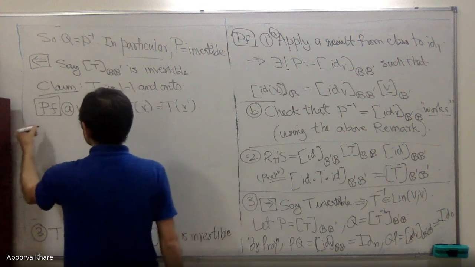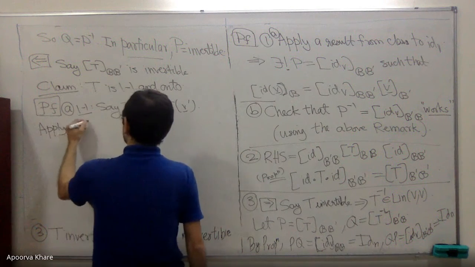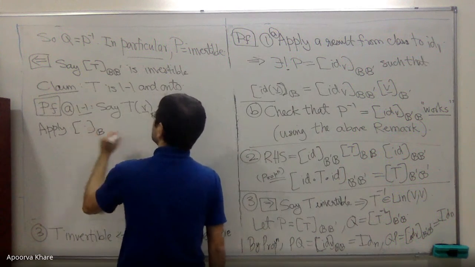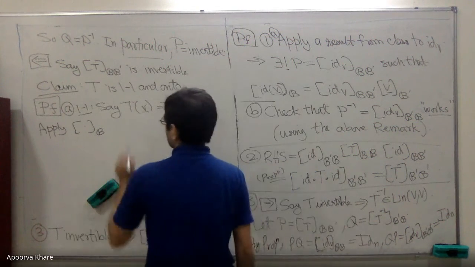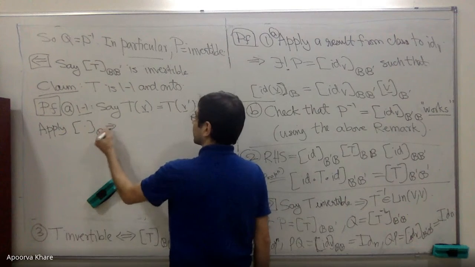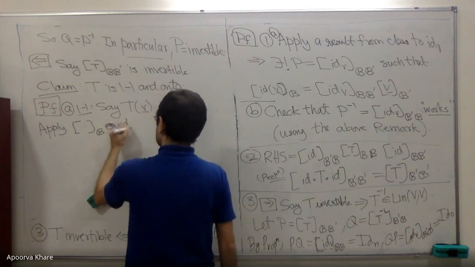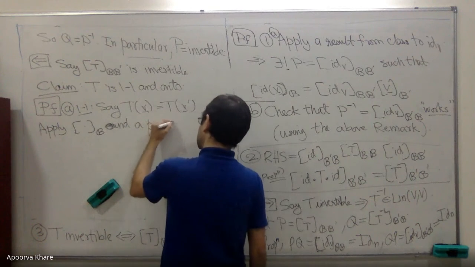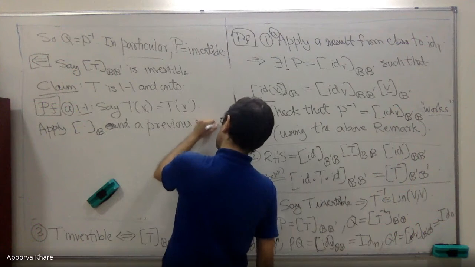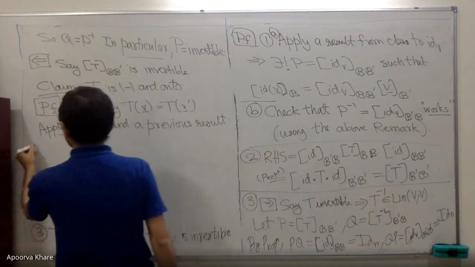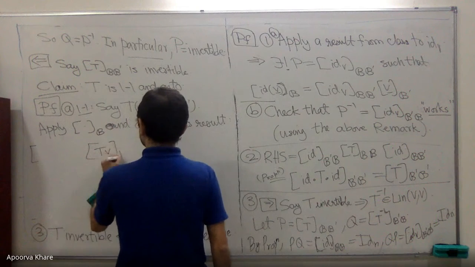So convert to matrices. Apply this with respect to B. I want to say T_B,B prime, right? By the theorem and results from class and a previous result, you start with T(v) with respect to B prime.